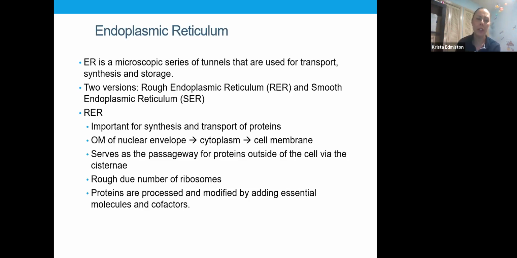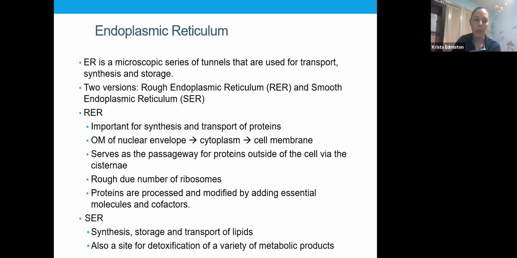And then that protein will be able to be transported to wherever it needs to go in the rest of the cell. Proteins can be processed and modified as well if it needs to add another cofactor on there. If it needs a different modification, it can be modified before it's moved to the other part of the cell. So rough ER important for proteins.